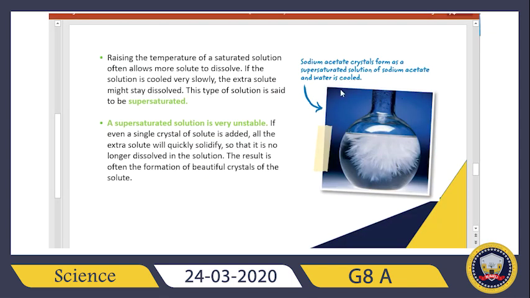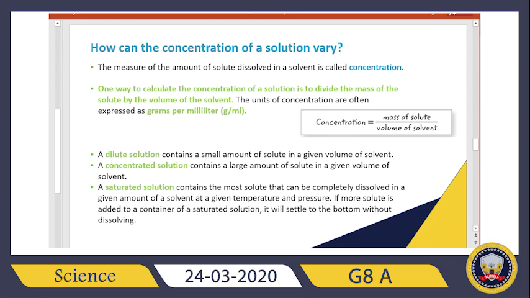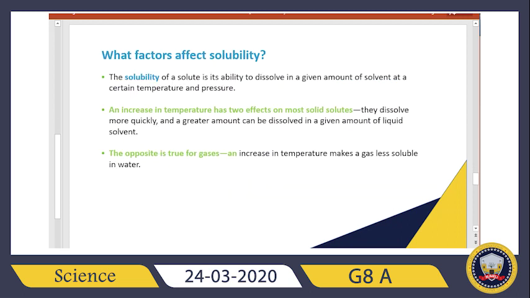And you will see another example here if you check your notes, also from your PDF. And so we learned what is solute, what is solvent, what is a dilute solution, what is a concentrated solution, and what is a saturated solution. Now we will learn something called solubility.